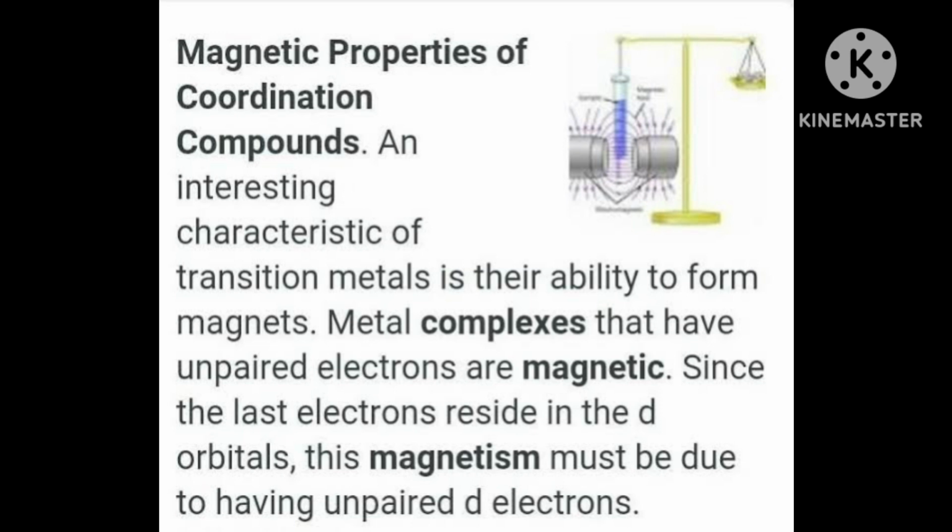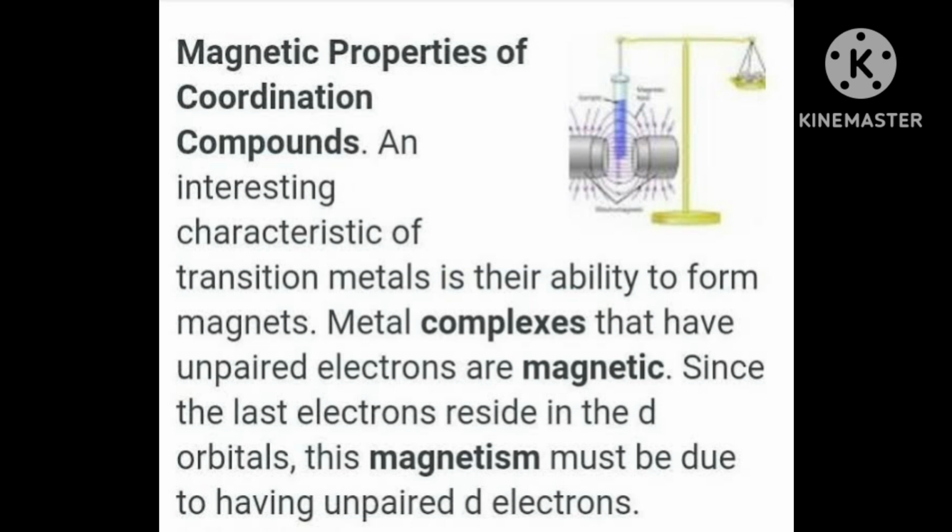In d orbitals, unpaired electrons are required for paramagnetism, and if all electrons in the d orbitals are paired, then it will be diamagnetic. I discussed this in the last class too.